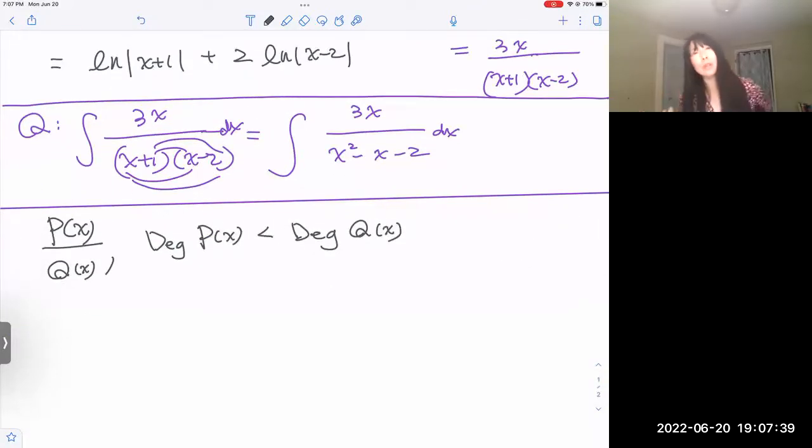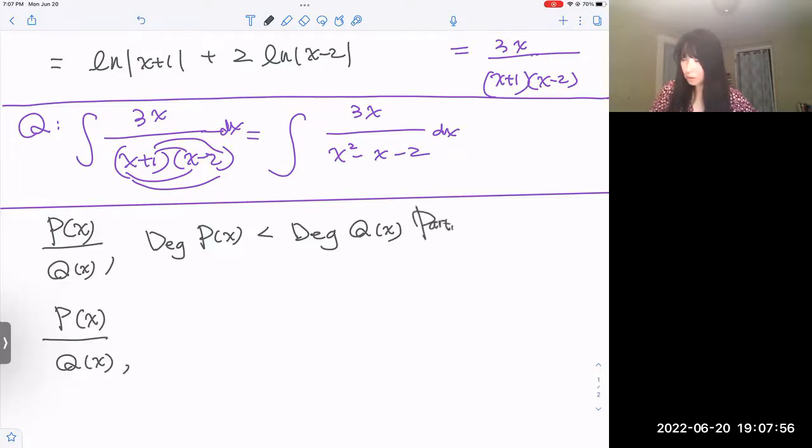Then what if the degree of the numerator is greater than the degree of the denominator? Does anyone have an idea? Partial fraction decomposition?